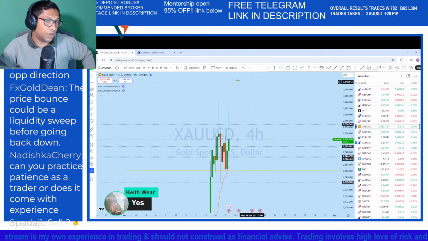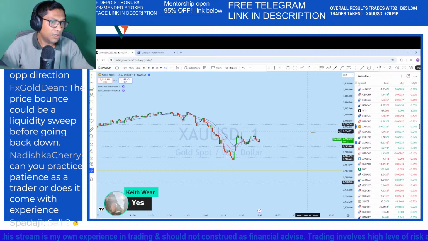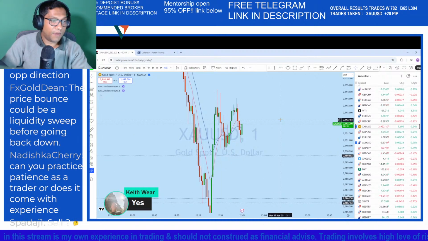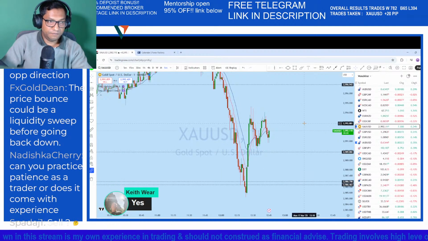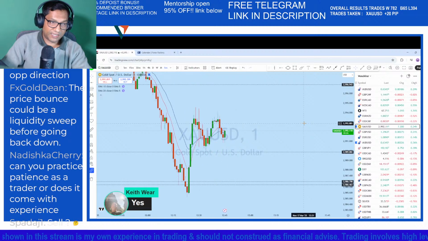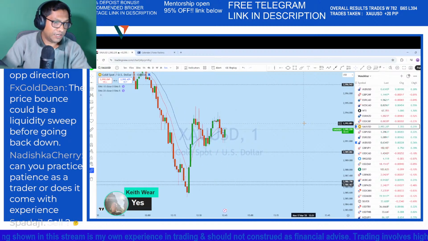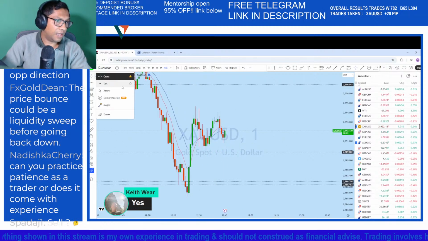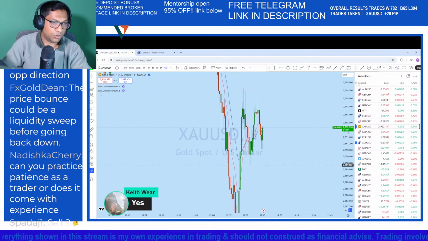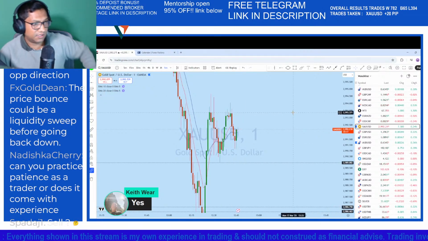I more often look at the multi-time frame because when you look at the multi-time frame, you're going to see a completely different picture, a very important picture that you need to look at in multi-time frame analysis of the market.